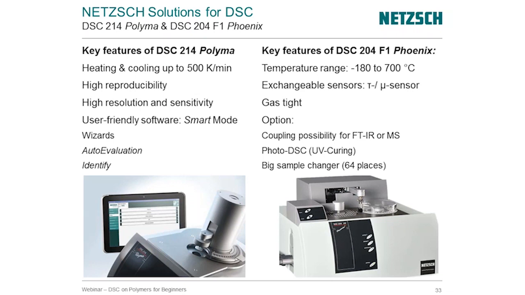And then also we'll talk in a moment about this new identify feature that's also really fabulous and new in the world of DSC. The bigger brother, the Phoenix model, covers a little broader temperature range. It's got exchangeable sensors, and it also has the ability to do photo curing, and the ability for coupling to gas analyzers, and also a large sample changer for up to 64 positions, where this unit has a sample changer up to 20 sample positions.